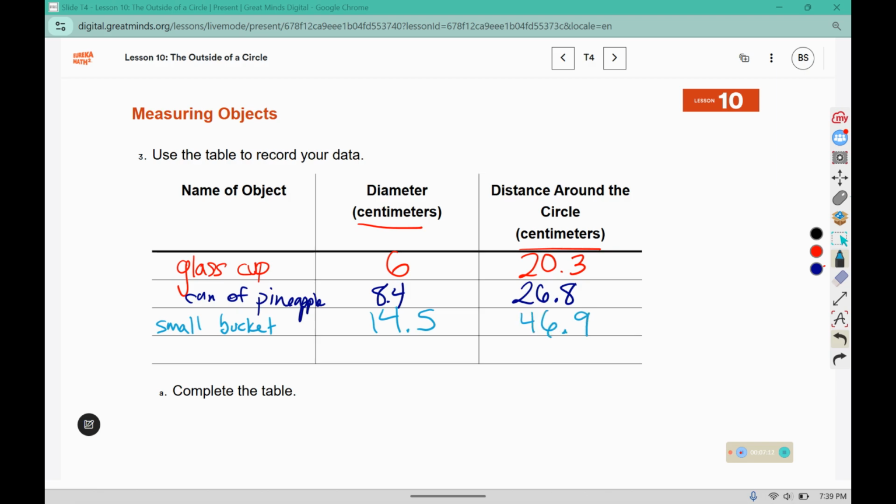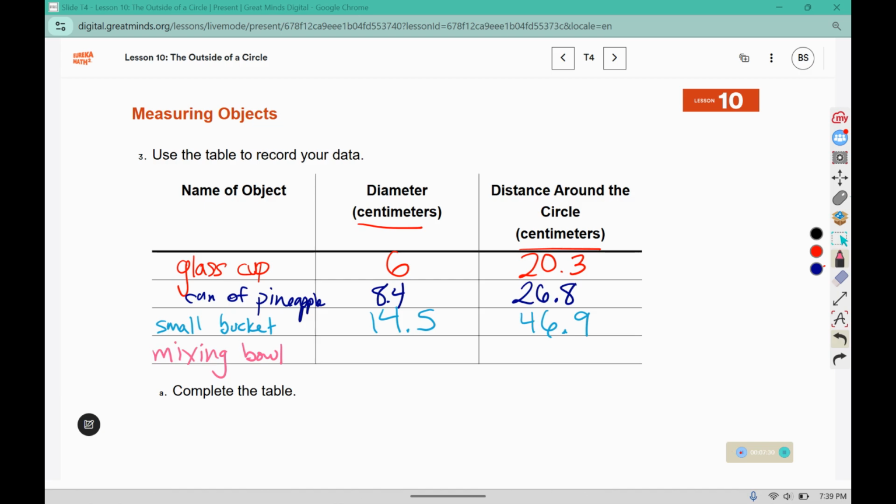And then my last item is that mixing bowl. And the bowl is kind of tapered in at the bottom, so I'm just making sure I'm measuring around the very top of the bowl.